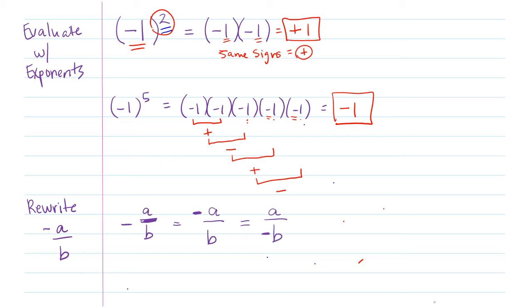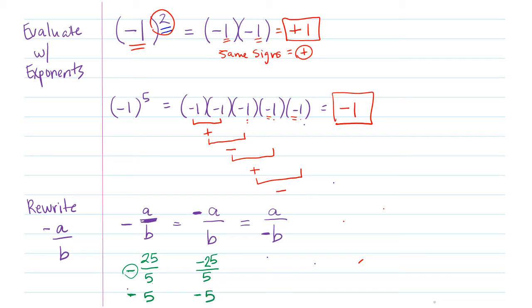So check this out. If I said negative 25 over 5, if I assign values to this, what is negative 25 divided by 5? It's negative 5, and this is just saying that the answer is going to be negative. I have a negative divided by a positive, which would be a negative, and 25 divided by 5 is 5.